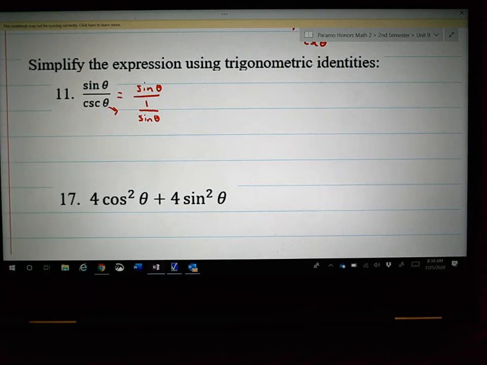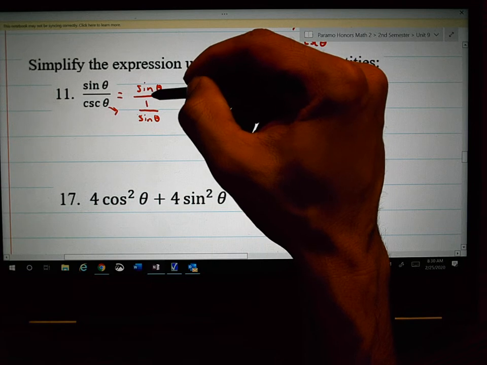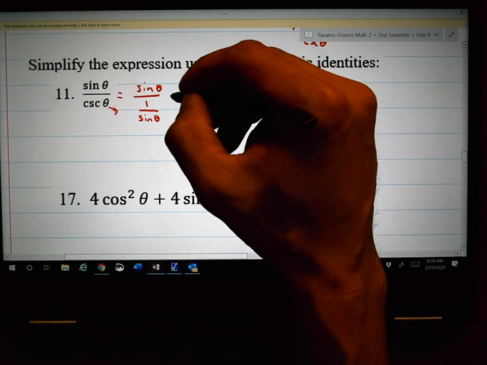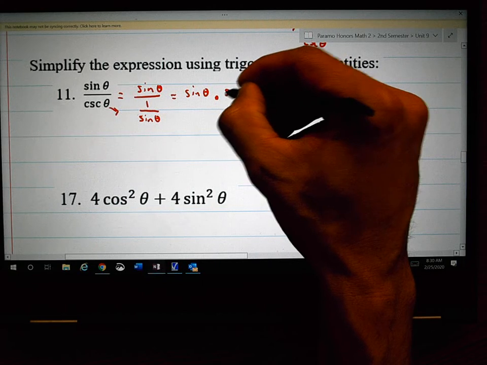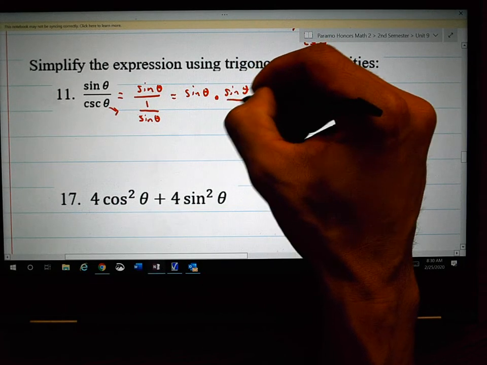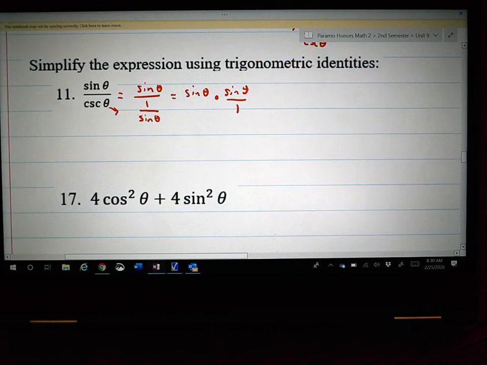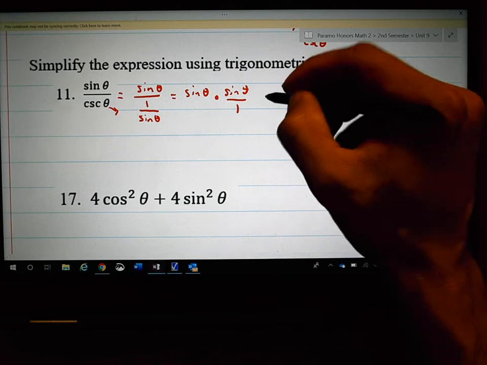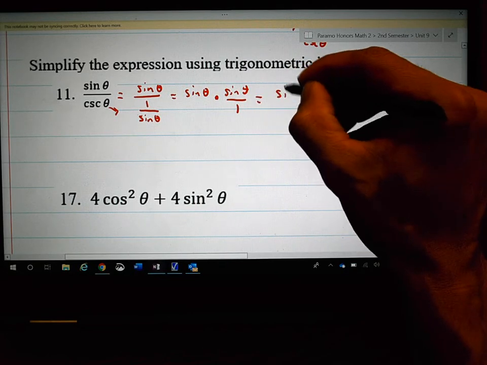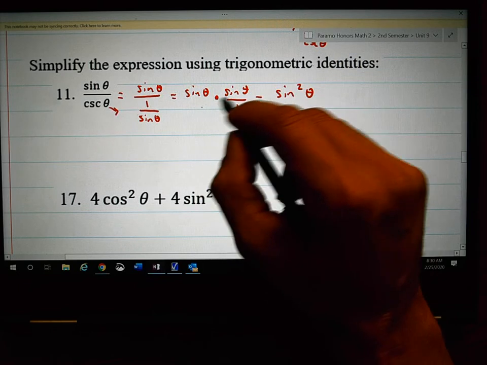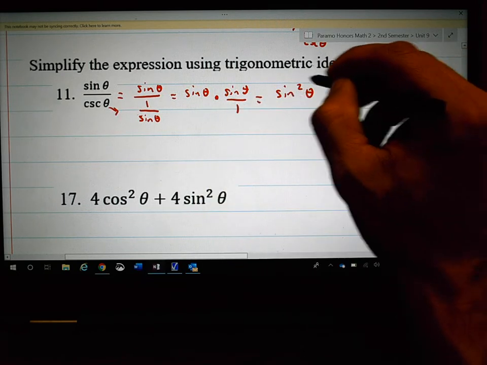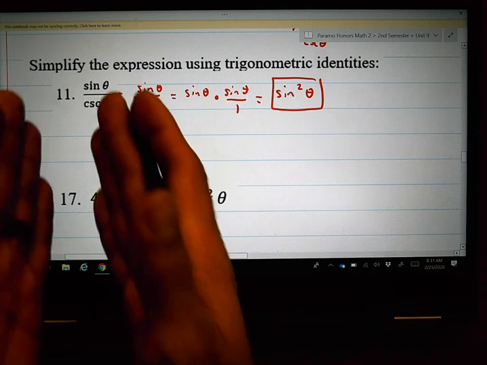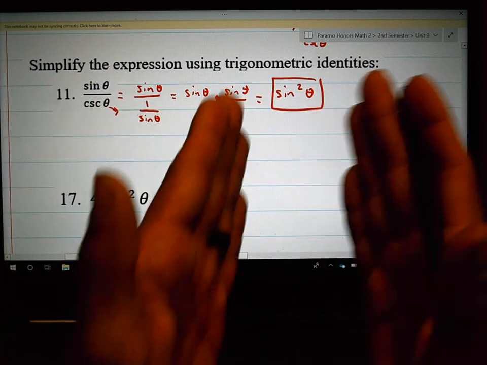So if I'm dividing this by 1 over sine of theta, what we're actually doing is we're taking sine of theta and we're multiplying by its reciprocal. Instead of dividing by a fraction, we multiply by its reciprocal, and that means we have 2 of these sine of thetas multiplying each other divided by 1. I don't need to write divided by 1. This simplifies to sine squared of theta.